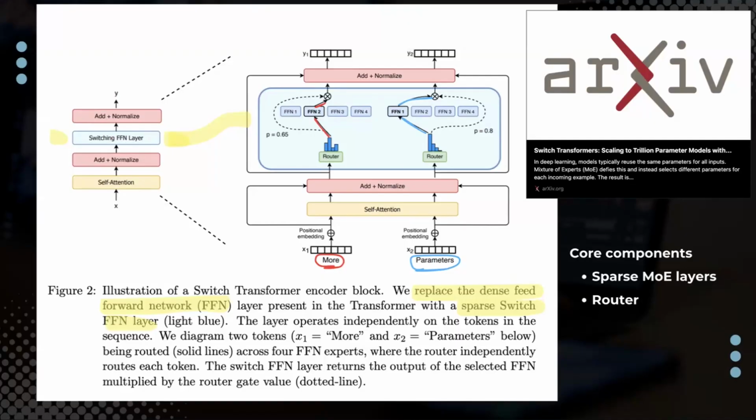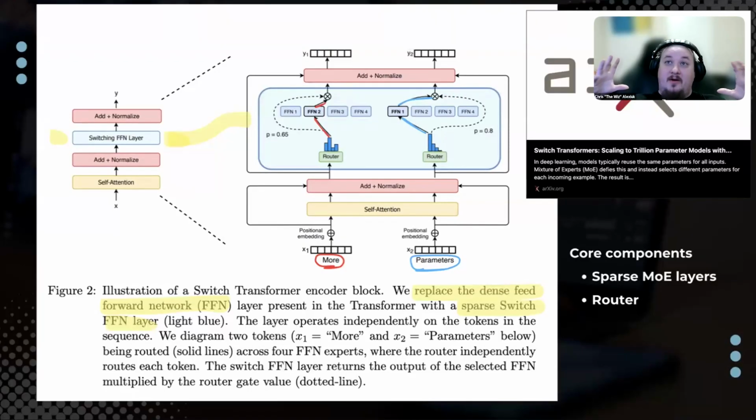So this switching allows different networks to be responsible for certain kinds of things in the network, and then instead of having to go through the whole network, they can just go through the parts they need. So the whole network is bigger, but the inference path is actually the same or smaller.